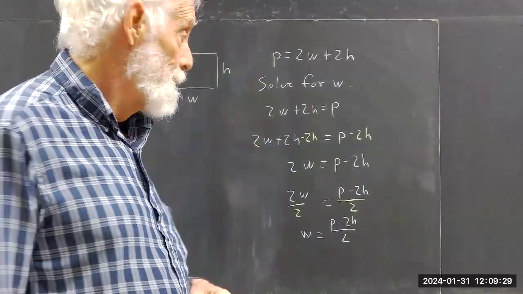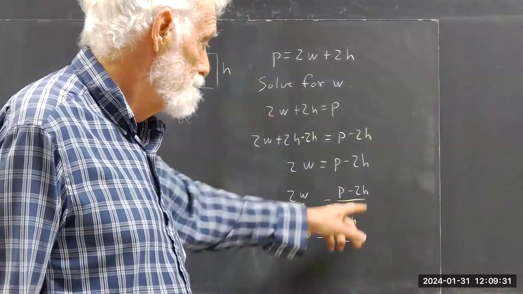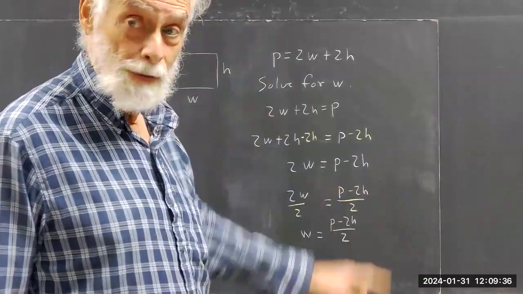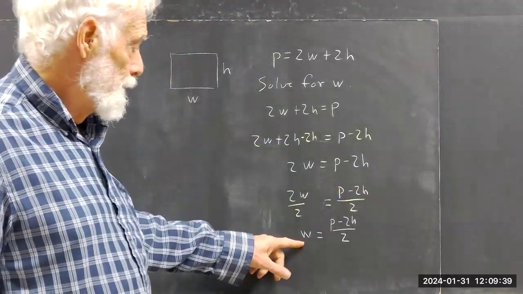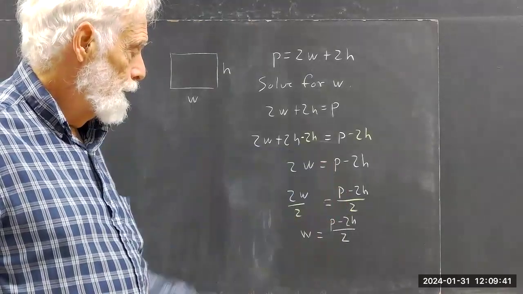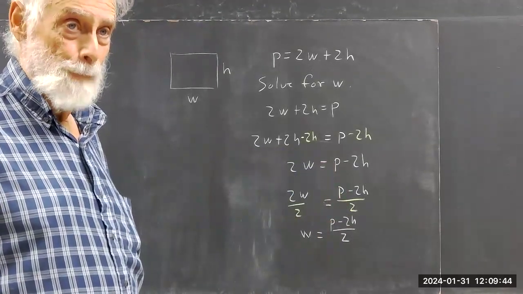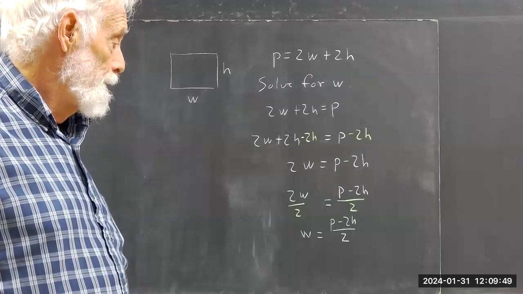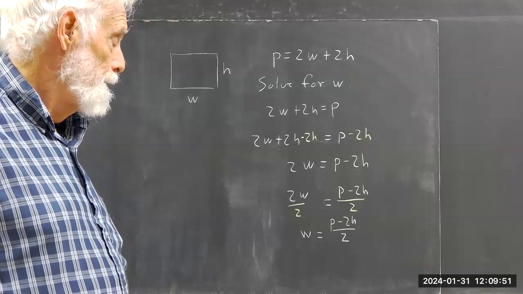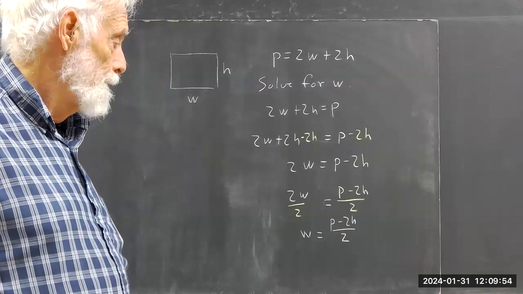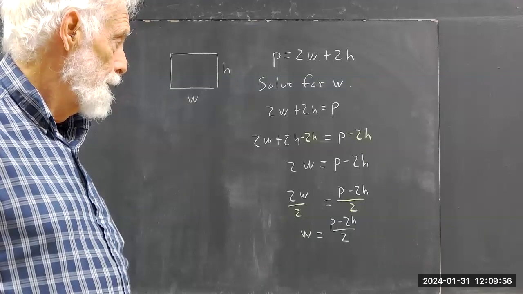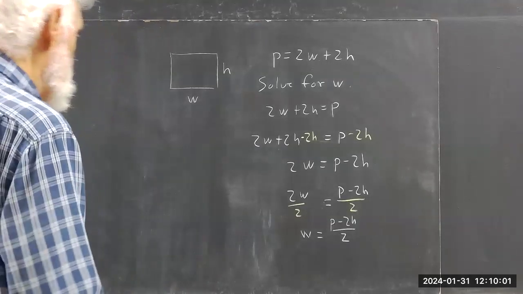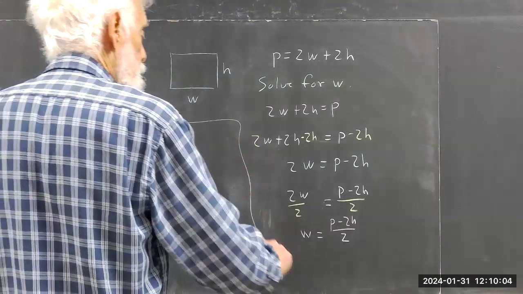So what I do is pace off this side, and now I know P and I know H. And now I can just do W is P minus 2H over 2. There's a little caveat there, but I'm not going to bother to mention it. We're just going to leave it out.